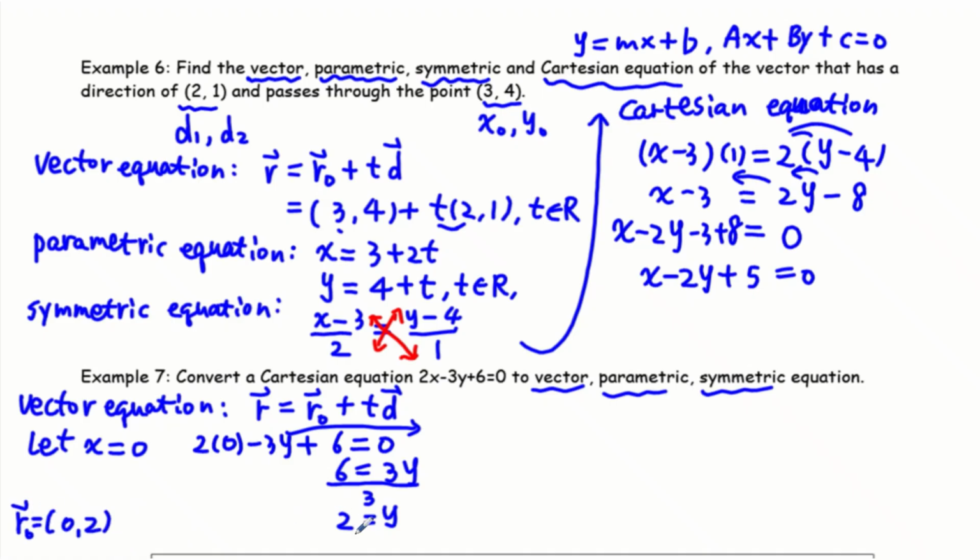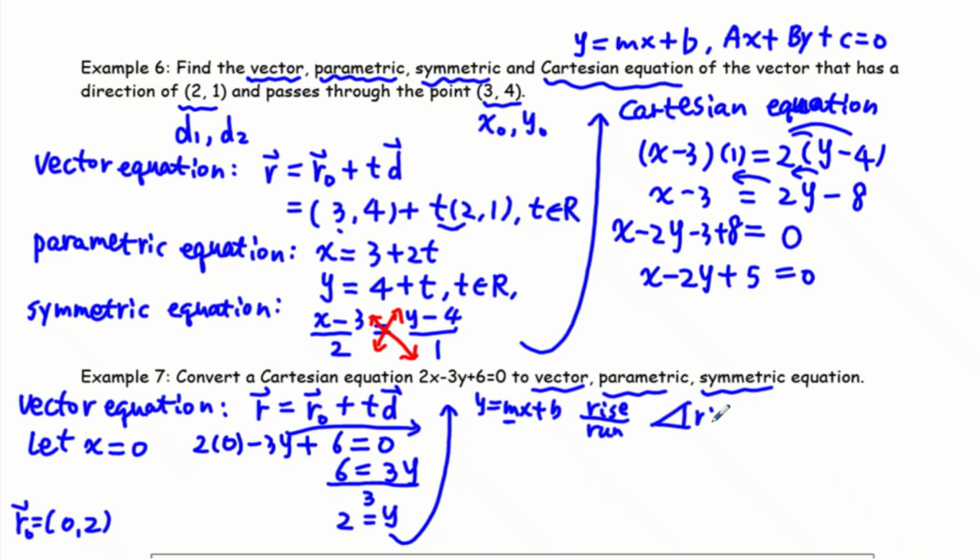Then we could find another point. For another point, you could let x equal 1 to find another point, or you could change it to the slope y-intercept form. If we have mx plus b, then this m, rise over run, will give us a direction vector.